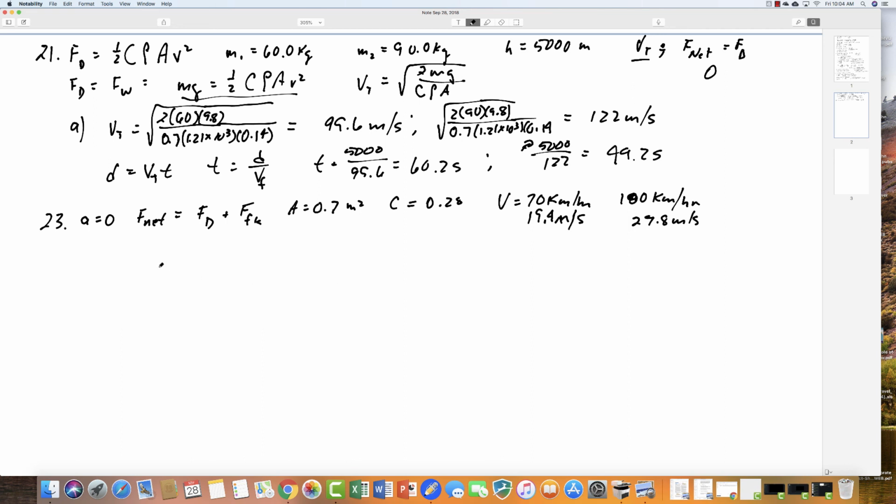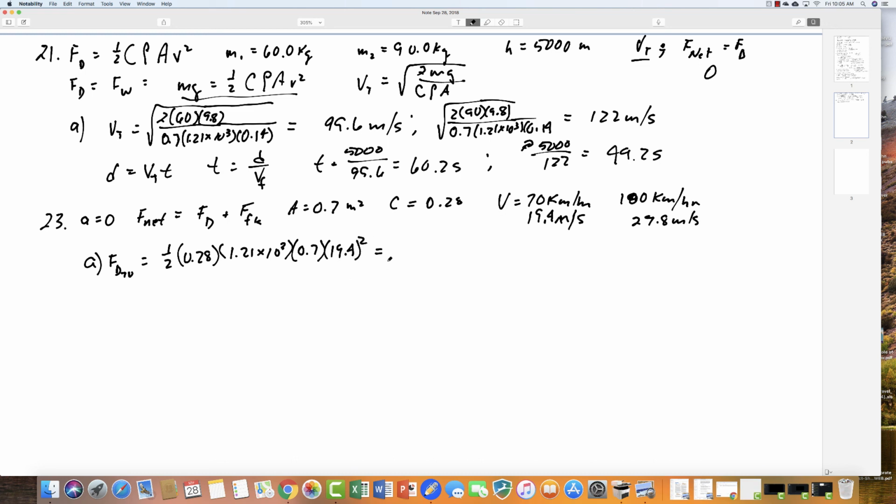So the Toyota, the drag force on the Toyota at 70 kilometers per hour is going to equal 1/2 times 0.28, which was given as the coefficient of drag, times the same density for air, 1.21 times 10 to the third, times the cross-sectional area, which was given at 0.7, times the velocity squared, which is 19.4 meters per second squared.